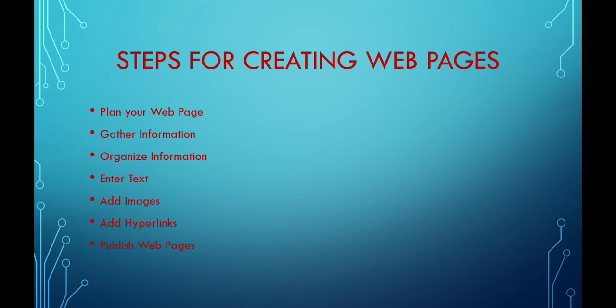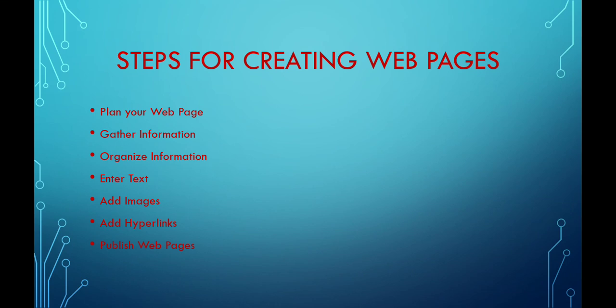Steps for creating web pages. Now, remember the steps. When you are developing a web page, first of all, plan your web page regarding which information you want to share with the whole world. So first of all, you have to plan which type of page you want to display. Then gather the information.